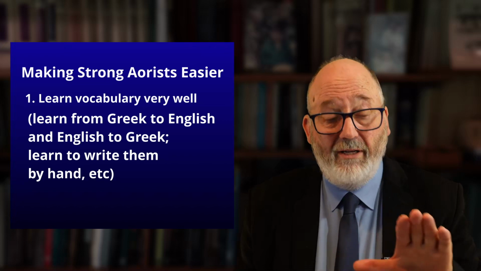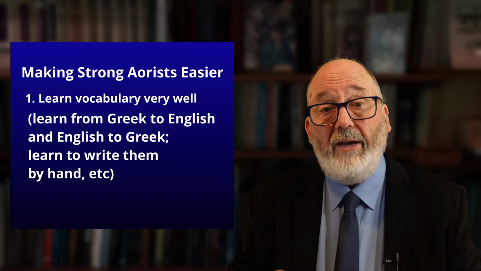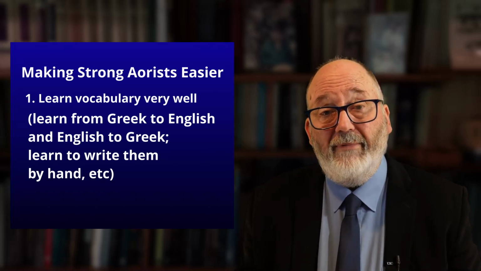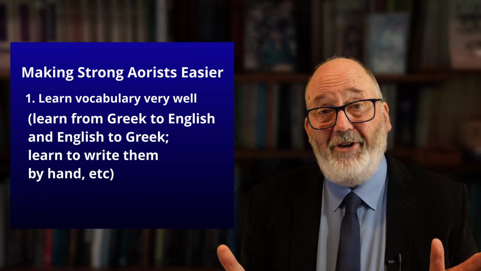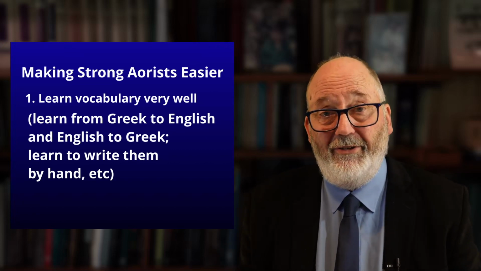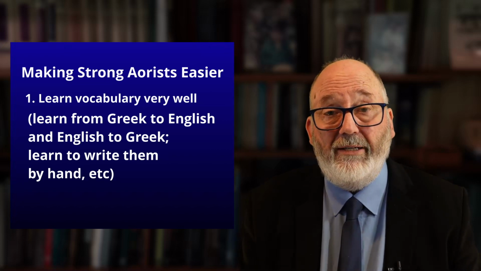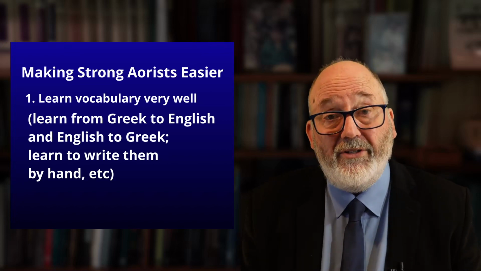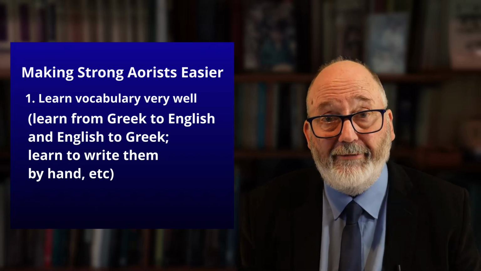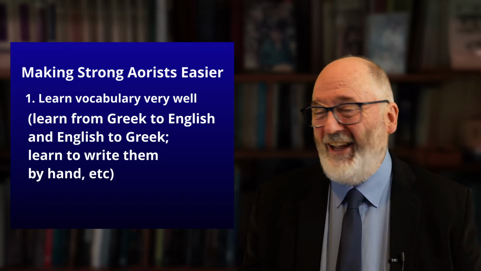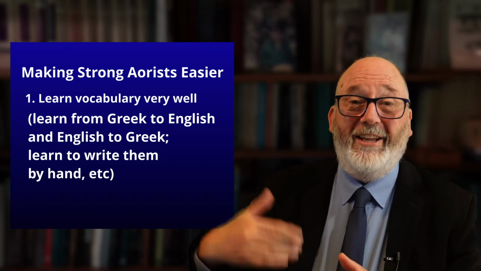I suggest you cover one up and write it out from memory and look at it when you get it wrong the first time and keep doing that till you can do it, and do that for all the words in that list of aorists that I provided, or the list of aorists that you'll find in your own textbook.